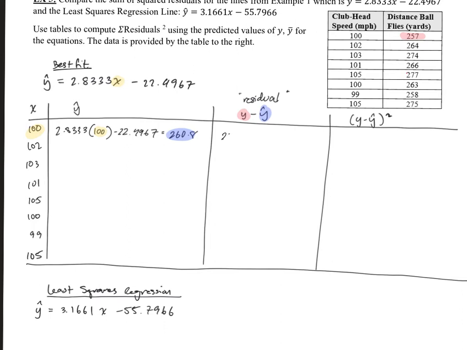So that'll be 257 minus 260.8, and we end up with negative 3.8. And then lastly, we'll square that difference. So that'll be negative 3.8 squared, which is 14.44. All right, so I'm going to go ahead and fill out this chart. Check back in with me in a second.